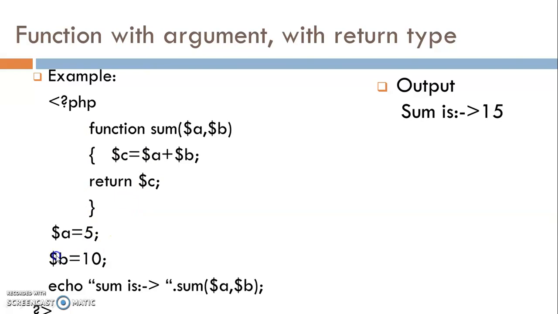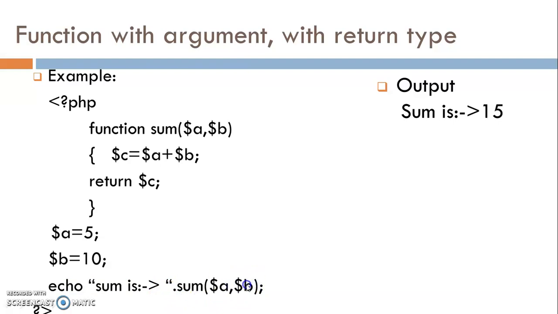Now I have to pass arguments, so I have to declare two variables before passing them. So I declare $a and $b, and then I write echo sum is dot sum $a and then $b. So whenever I come to this code, it sends these two values a and b, means 5 and 10, to the function.